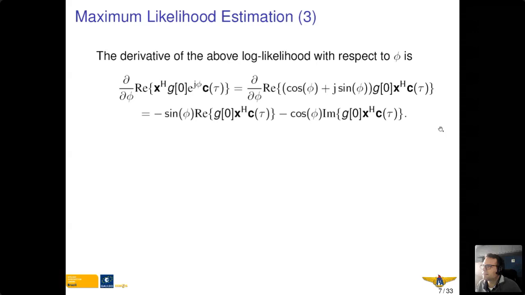And then, as g is real, either 1 or minus 1, we can drop this g of 0, and we see that we can derive an estimate of the phase with this, right? So it's the imaginary part of the cross correlation of x Hermitian c divided by the real part of x Hermitian c. And finally, we just take the arctangent of this and we can derive an estimate of the phase.